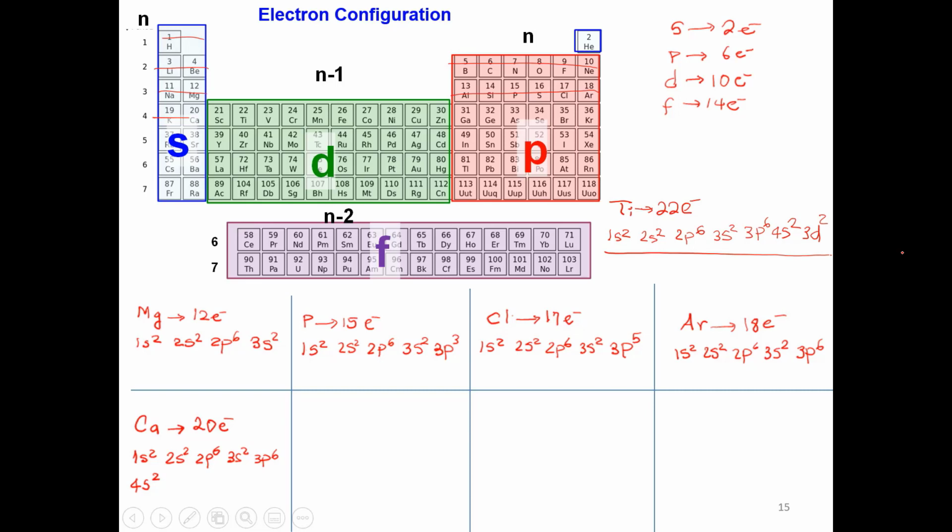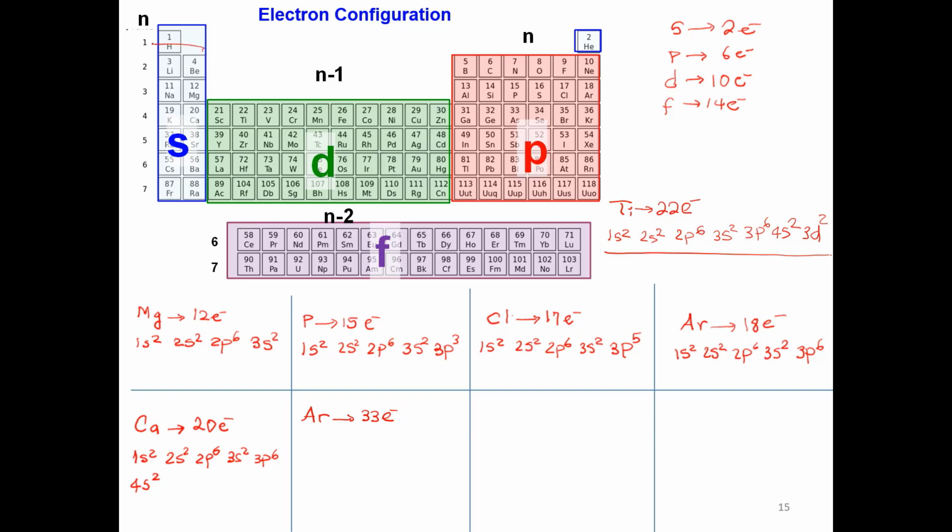Now let's do the electronic configuration for arsenic. The number of electrons for arsenic is 33. Let's do the same procedure.